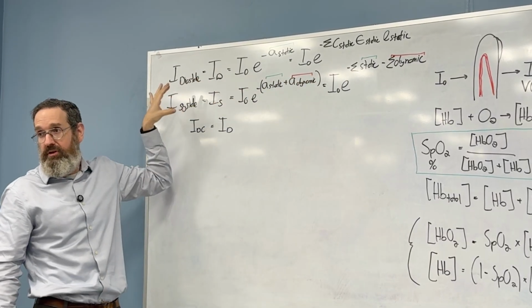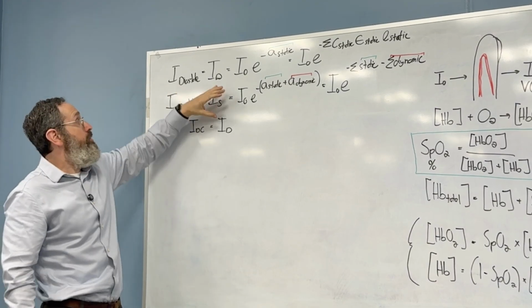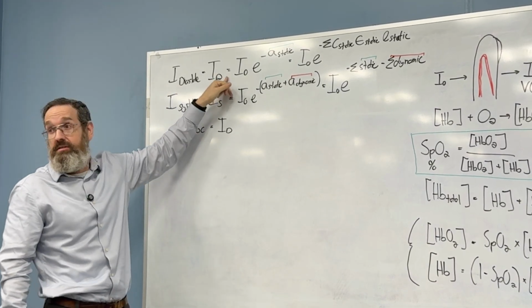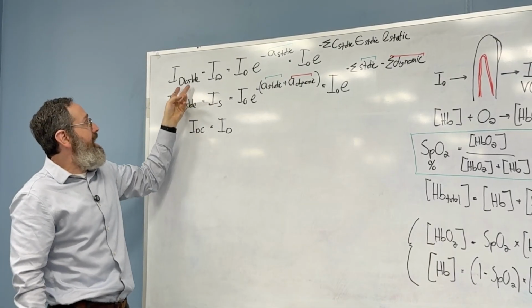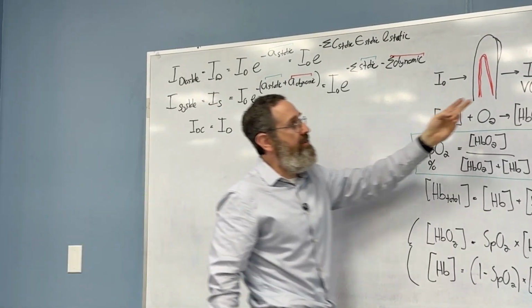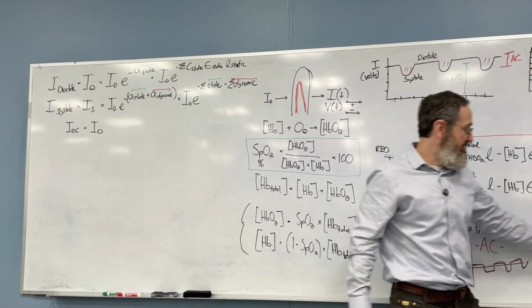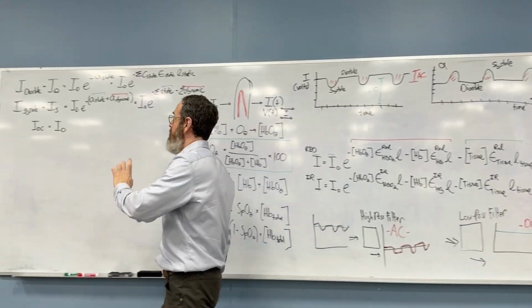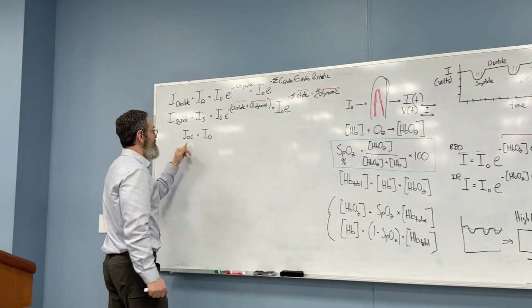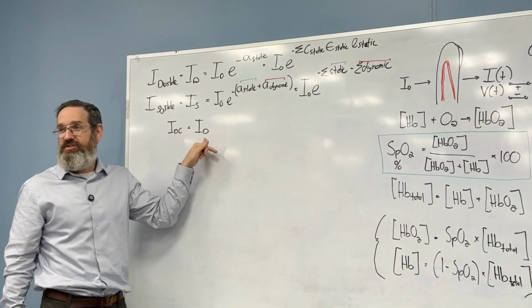Oh, there's no more blood flow. Emily has no more blood flow, right? What would I be left with? I would just be left with this, right? And so, how did I extract the I diastole? Well, I sent it through a low pass filter, right? It's not a very interesting equation. It's just like 1 is 1.